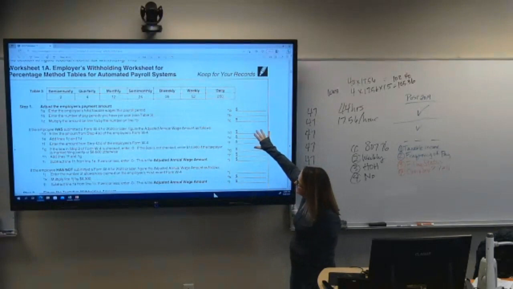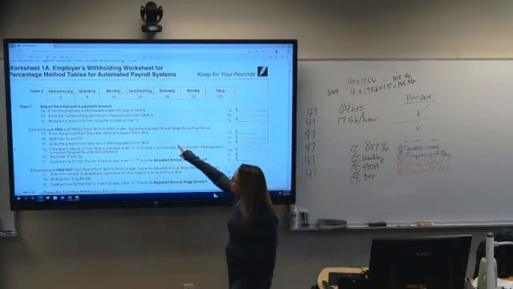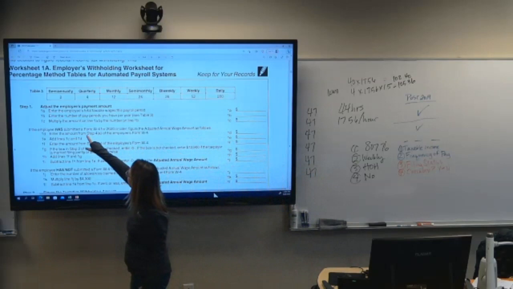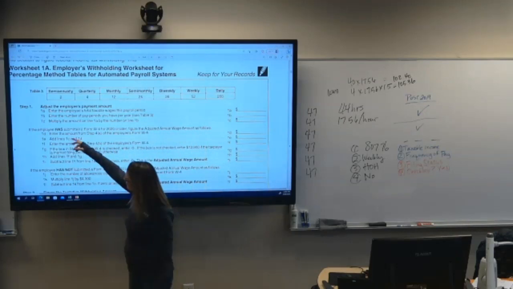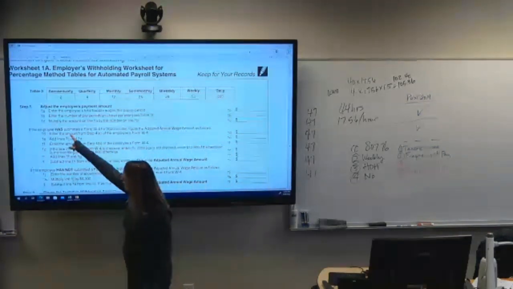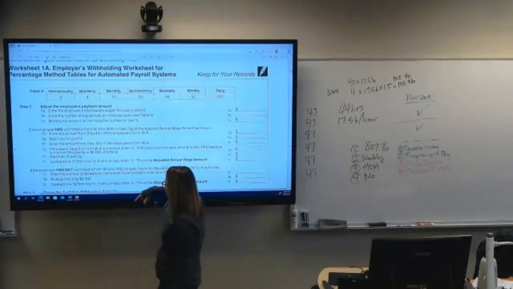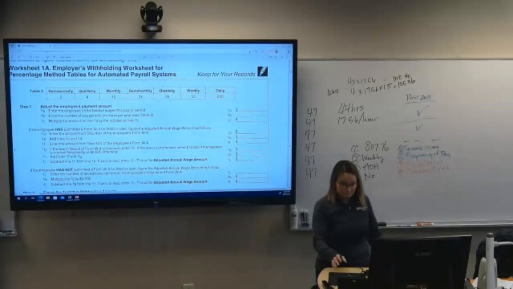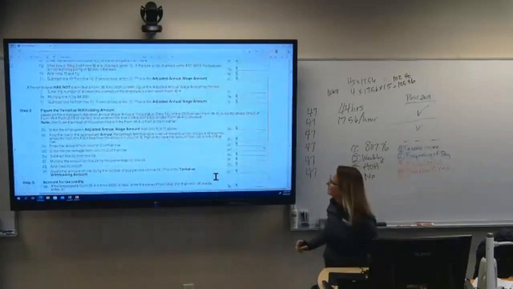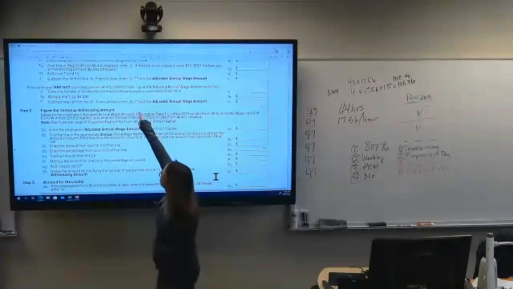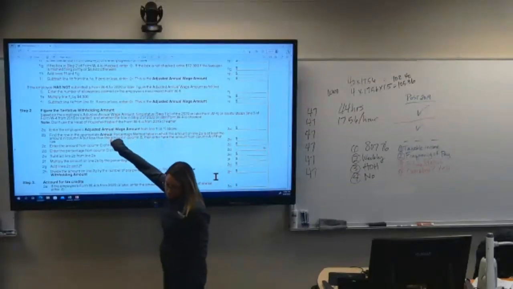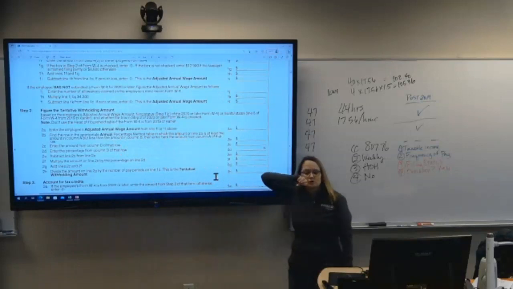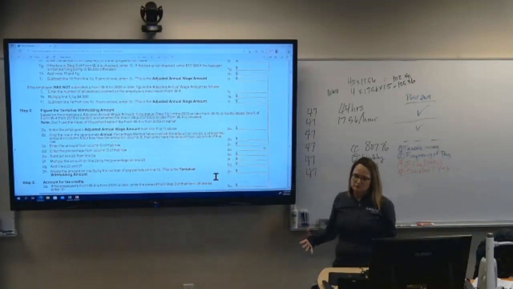Then, if you are using the 2020 or later form, you follow step 1 here, or 1D through 1I. If it's an earlier form, then you use steps 1J through 1L. Again, you just have to read.